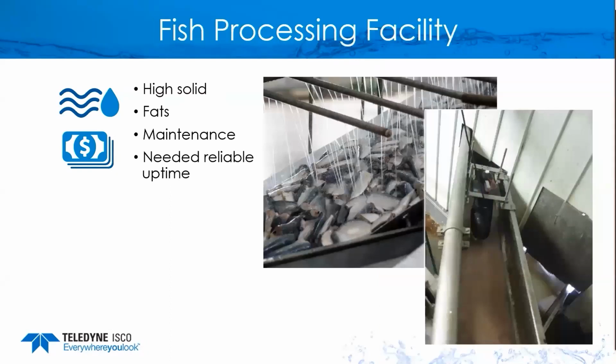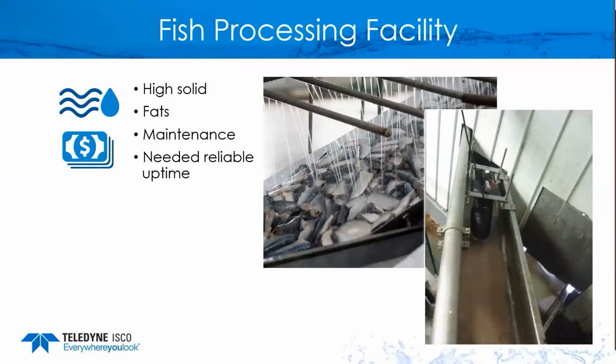Now, other challenging applications that you may come across, like this was a fish processing facility. The customer needed to measure the amount of post-production wastewater they're discharging out to the sewer to verify their sewer cost.